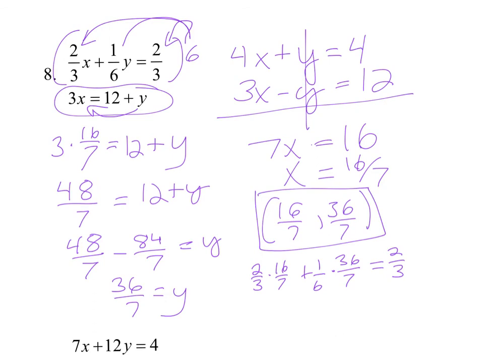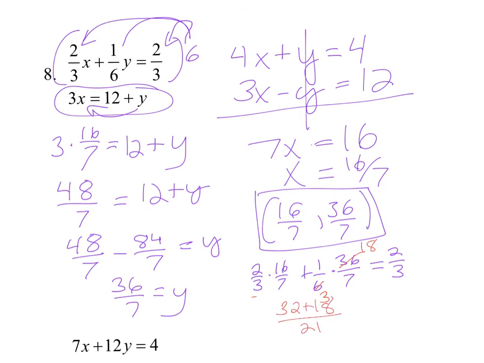Okay, I think instead of crossing out the 6, because I need the 3. I've got 21 here, so I'm going to cross out the 2 and leave a 3 behind, and that leaves me with an 18. So now I have 18 over 21, and I have 2 times 16 is 32 plus 18.